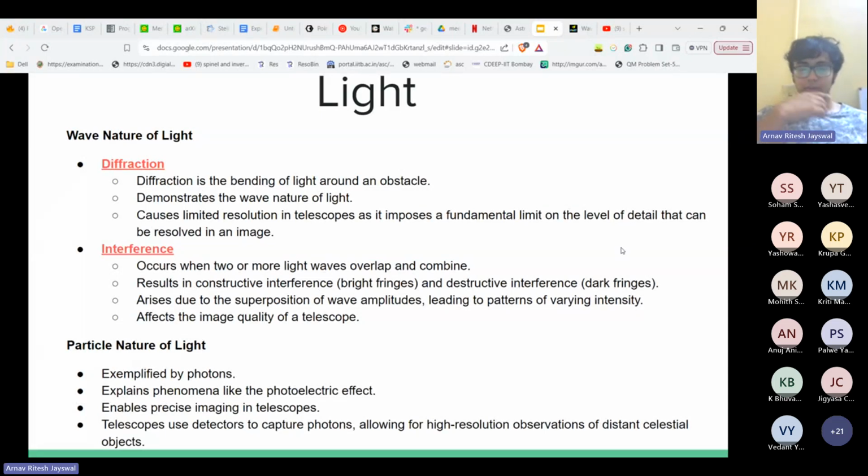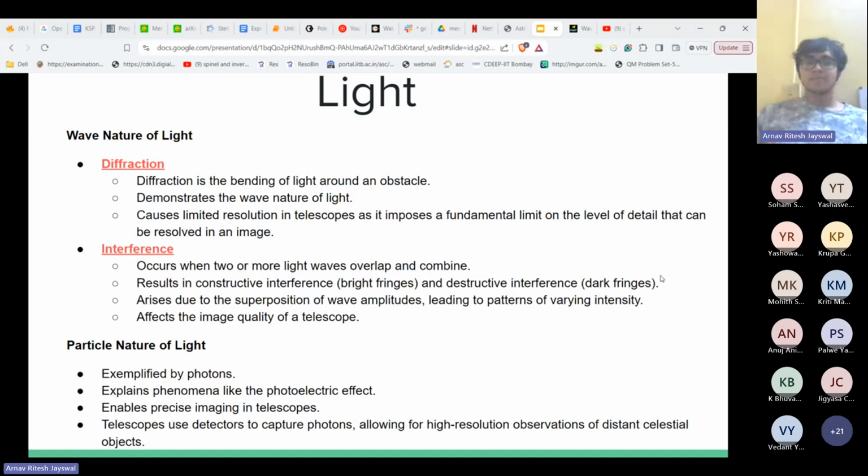I'll start from this slide. I'm sorry for that. So when we look at light... Can you repeat that? Hello. No, carry on.